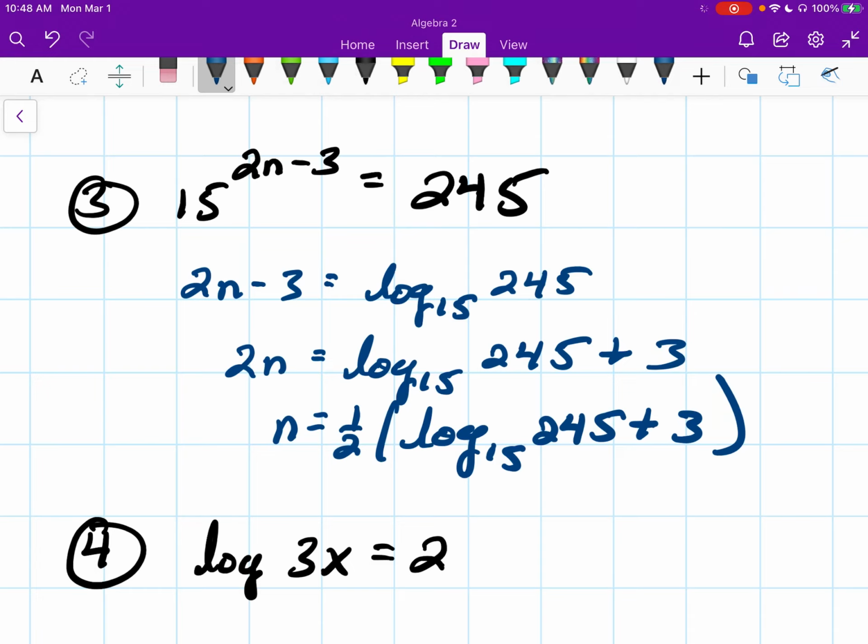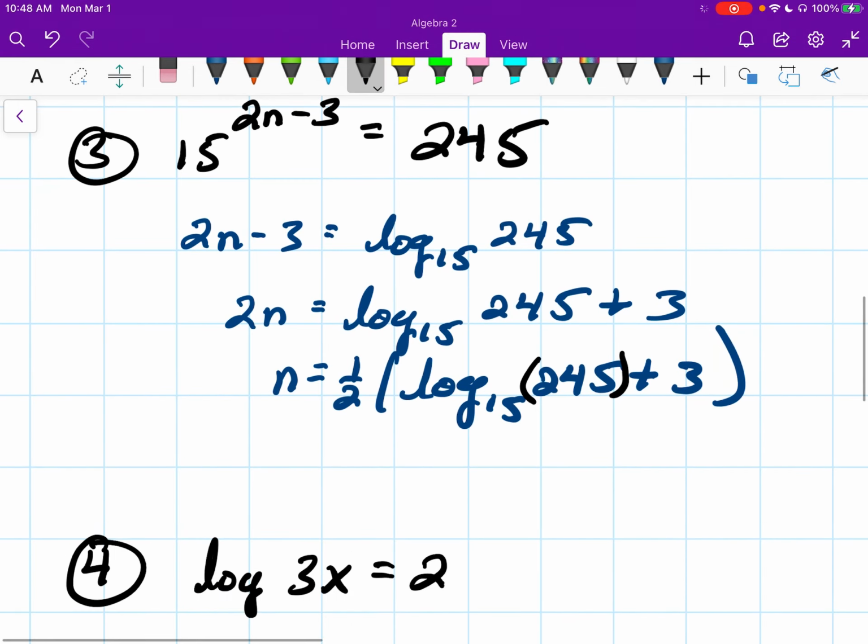Sometimes your calculator will open a parenthesis here. You want to make sure that you close it, that way your plus 3 is not inside the log, right? And when I type that in, I got 2.5. So let me scroll that down a little bit. And n equals 2.52.